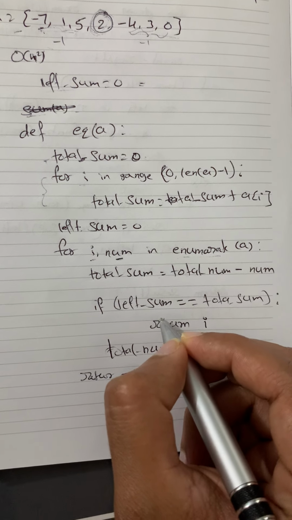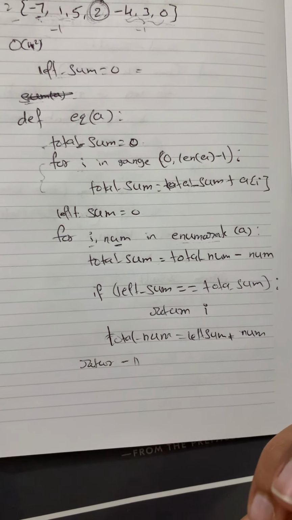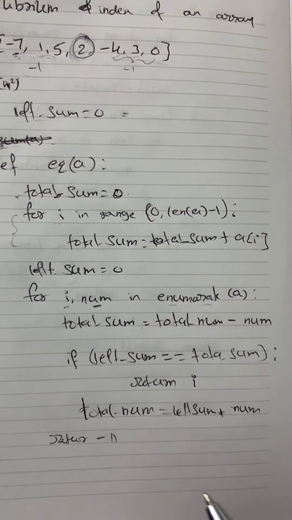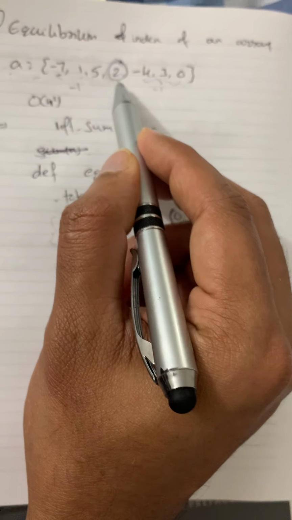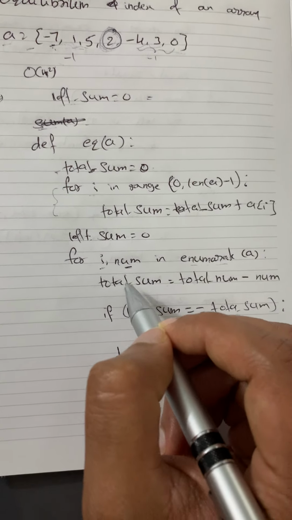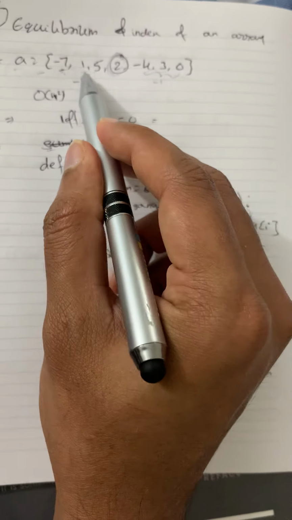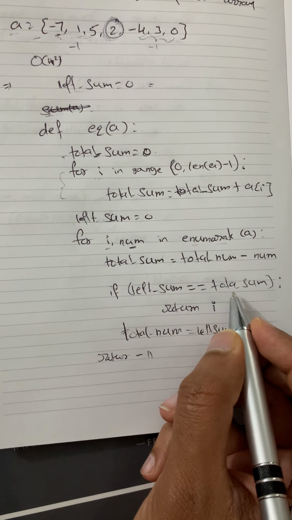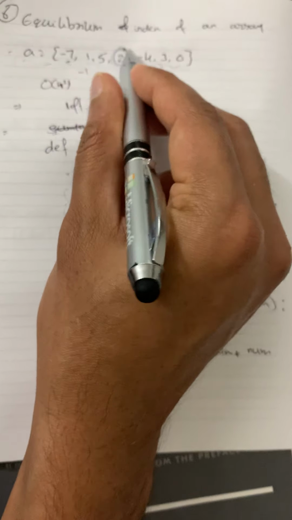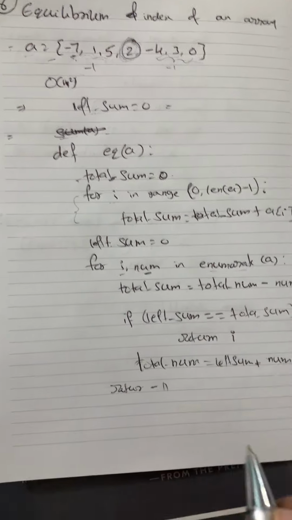So we keep traversing through the list, doing the same process for the rest. In the end, the left sum equals the right sum, and i is looking at number 2, so we return number 2 in this case.